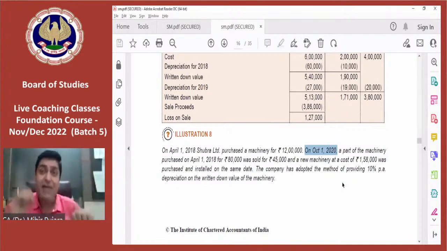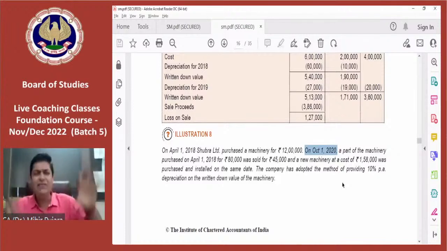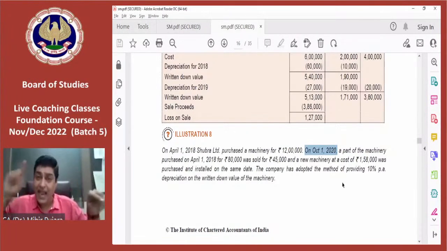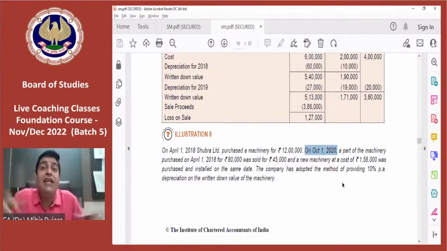Now the method is provision for depreciation, which says we will prepare 2 accounts, the asset account and the PDA account. In the asset account, we will write the purchase and sale of assets, and in the PDA account, we will write only depreciation.